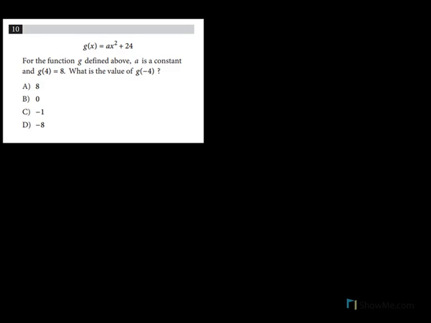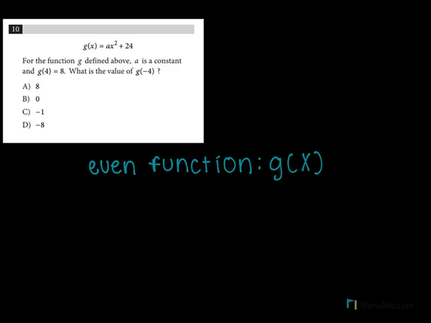So right off the bat, the simplest way to solve this is that we automatically know this function is even. This is because we know that the results would be the same whether or not x was positive or negative. So for an even function, g of x would be equal to g of negative x.